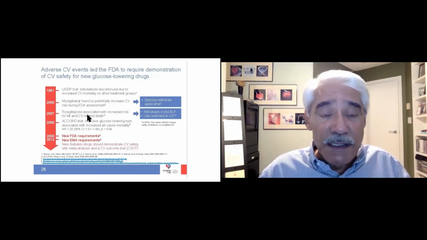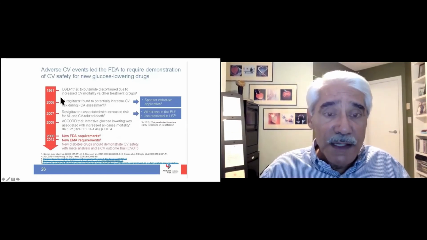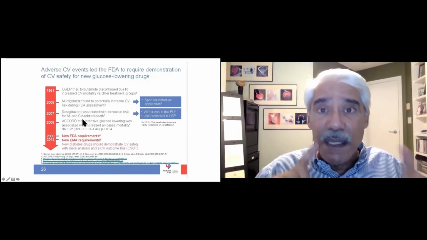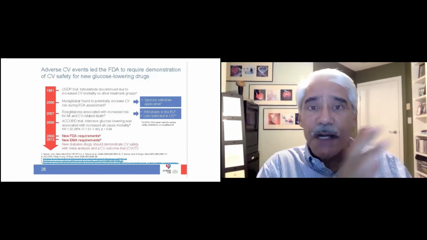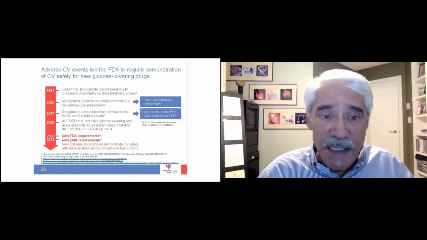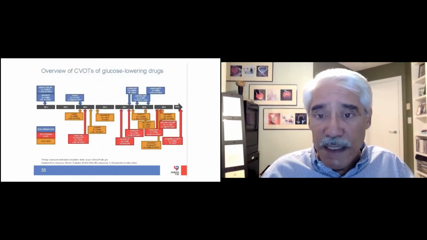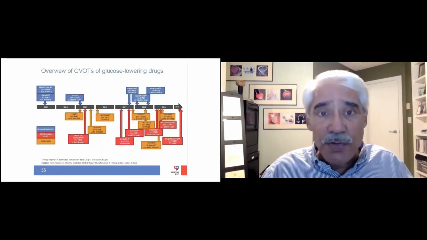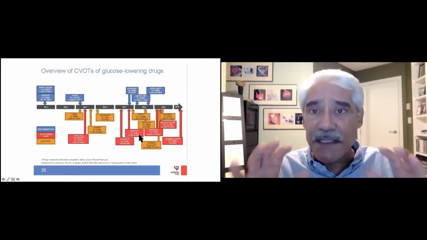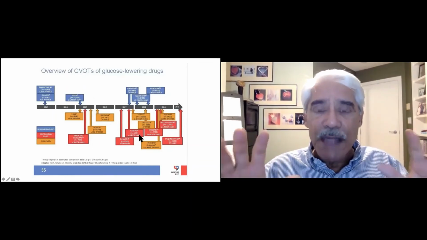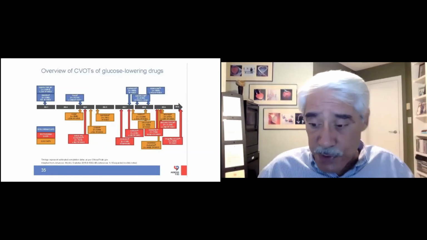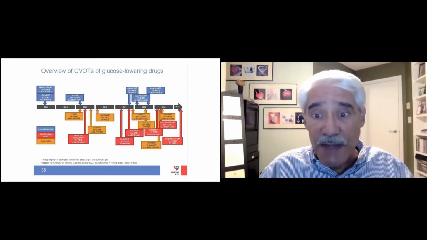Because in the traditional diabetic drugs, there were many concerns about the increase in cardiovascular adverse events with the use of these anti-diabetic drugs. So the SGLT2 inhibitors had to go through these cardiovascular outcome trials to show that they were safe to use in diabetic patients and did not decrease cardiovascular outcomes.